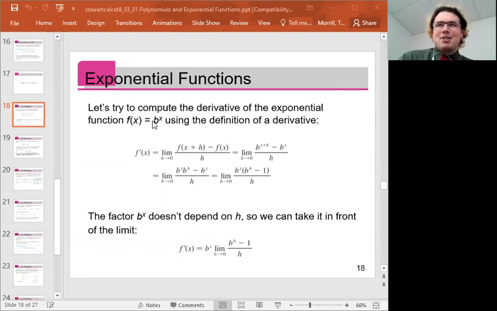B to the power x is some number I can just conceptually think about and even calculate in some instances. So let's take a derivative. I don't have derivative rules for these functions yet. So I'm going to have to go back to my limit-based definition.